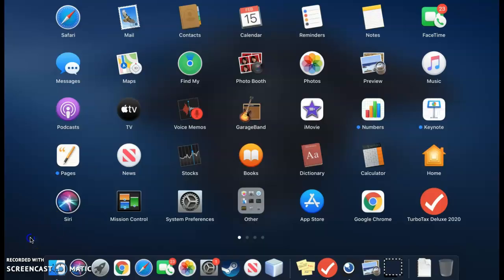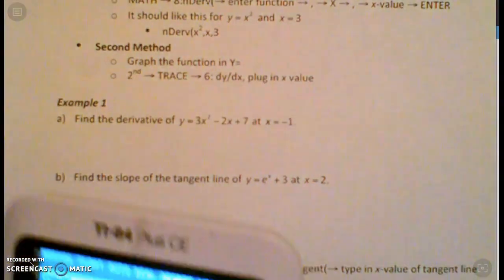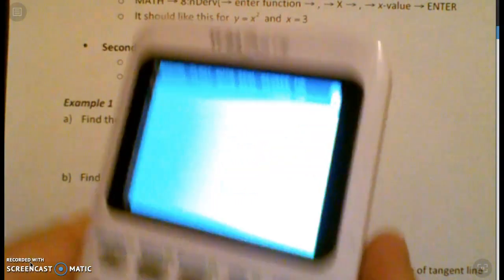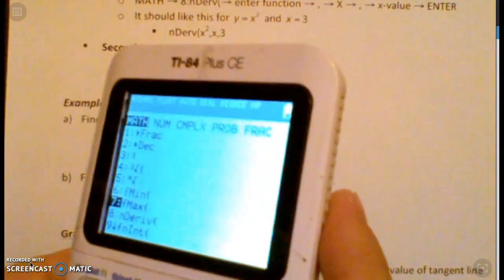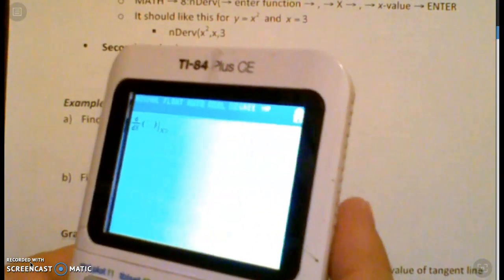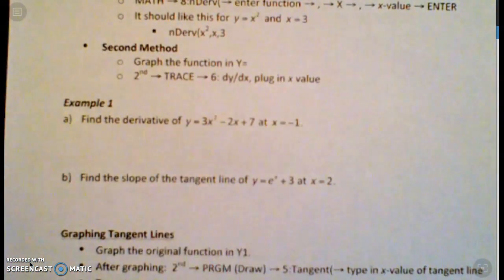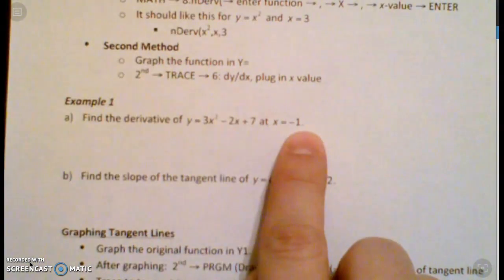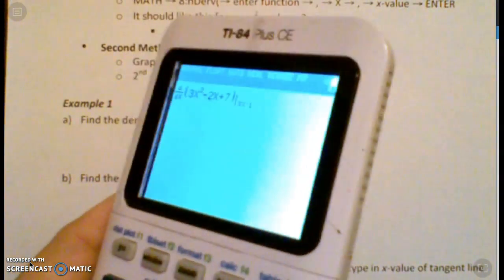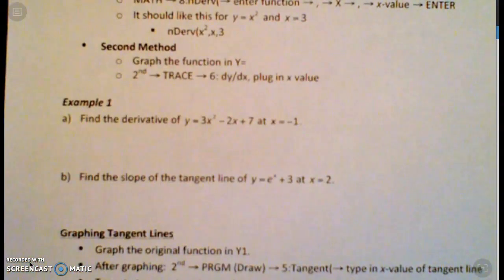I'm going to do part A with the first method, where I hit math, go down to nDeriv, which is number 8, type in d over dx, the derivative, and then type in the equation, 3x squared minus 2x plus 7, at x equals negative 1. I hit enter and see my slope is negative 8.